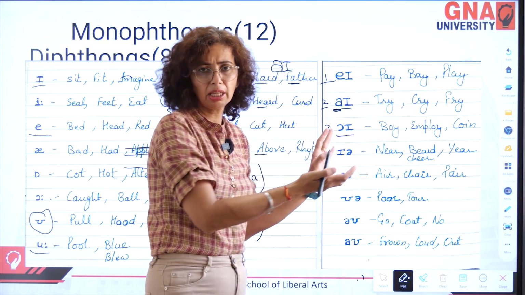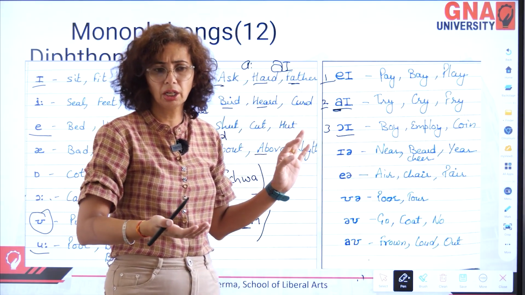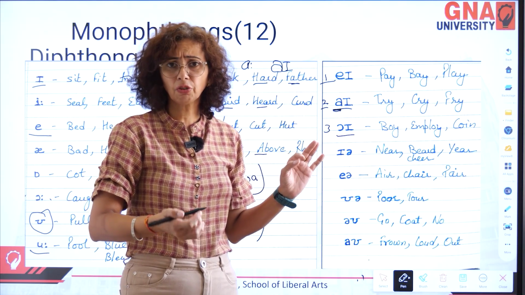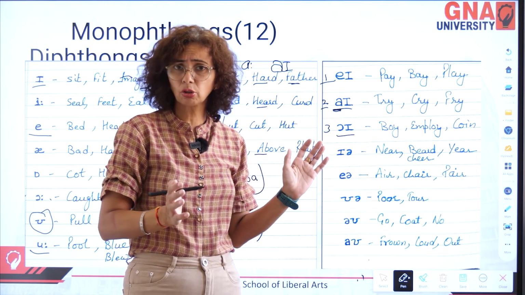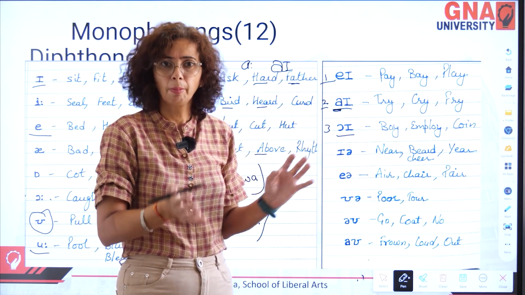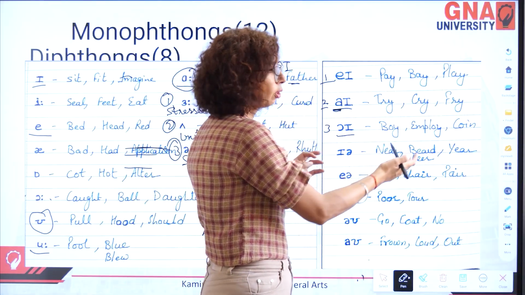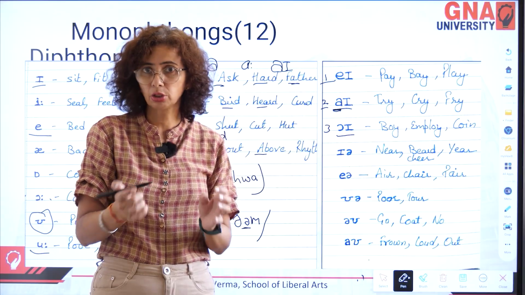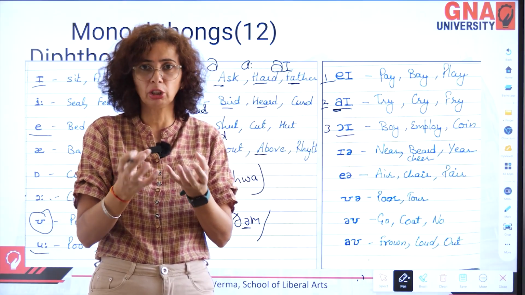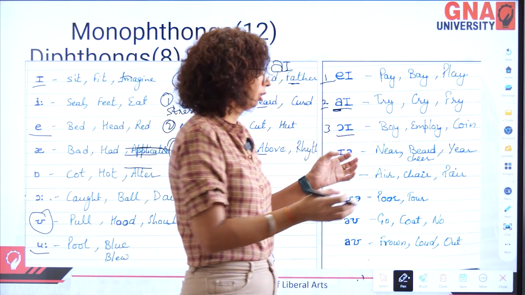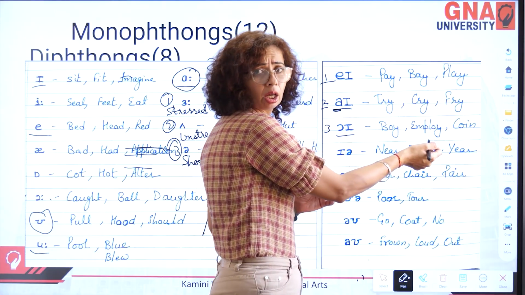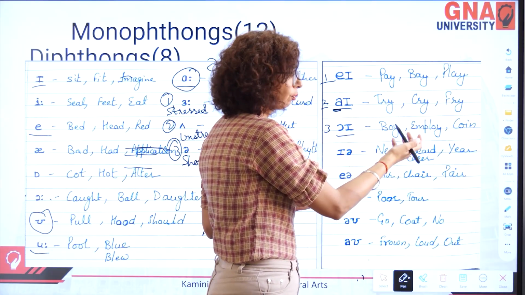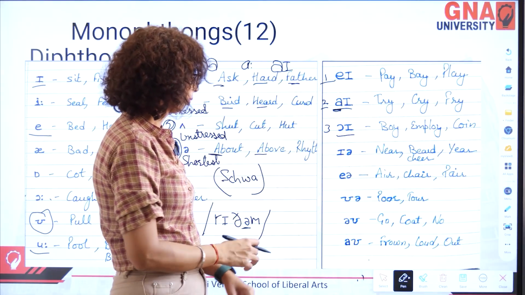For example, the common word which we learned at the very beginning of our life, boy. Another example, coin, employ. These are a few examples for the sound OI.